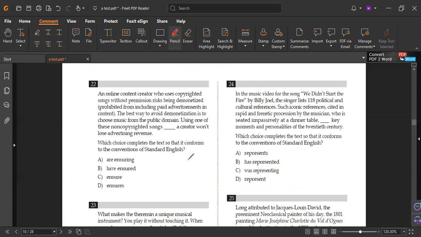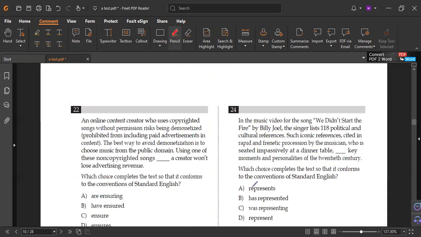Now let's try number 22. Let me help your eyes.